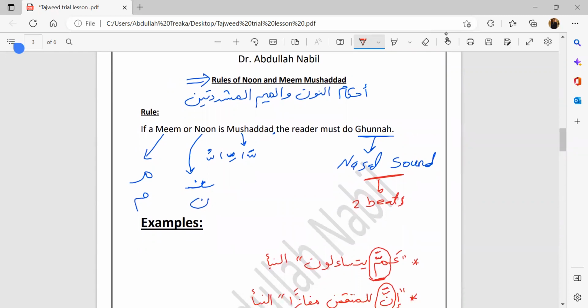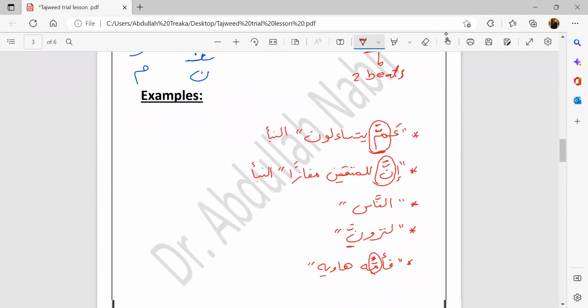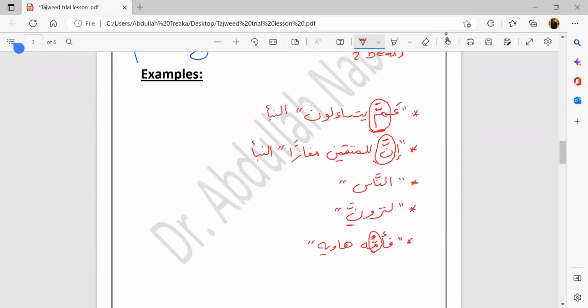The rule says that if a meme or نون is مشددة, the reader must do غنة. This is a nasal sound. This is the shapes of شد and فتحة, شد and كسرة, and شد and ضمة. And this is example: عما يتساءلون, إن للمتقين مفازا, الناس, لترون الجحيم, فأمه هاوية.